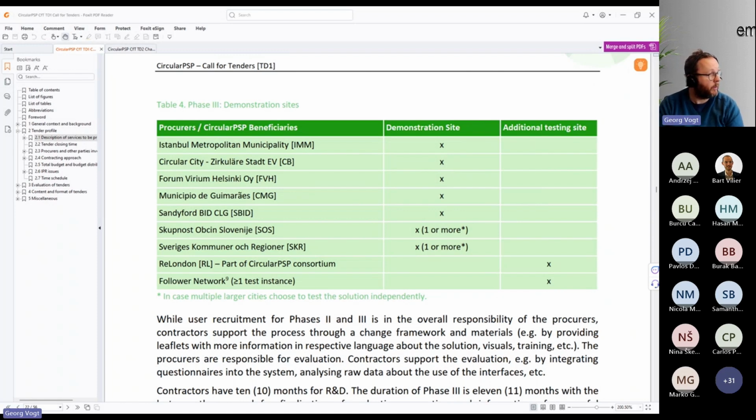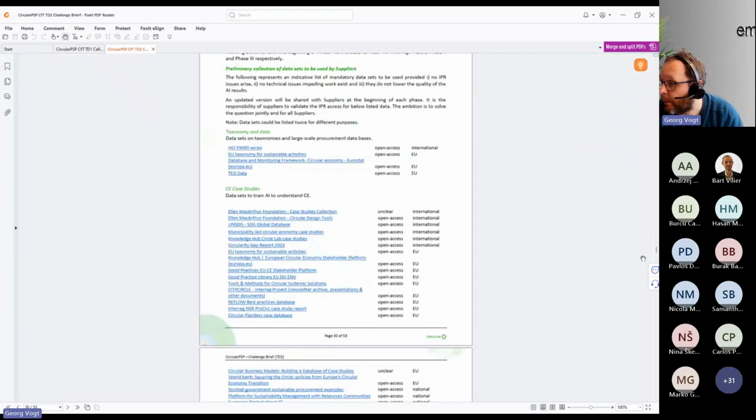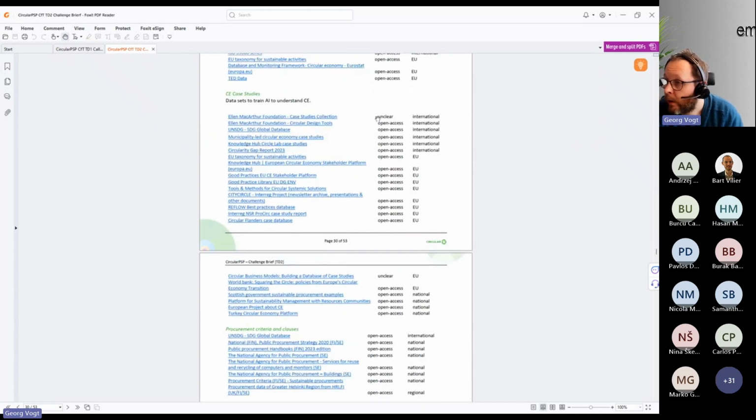In the taxonomy, or in the annex, we have repeated a set of case study databases. We believe them to be open access, so as I said before, you can copy paste it into your tender.